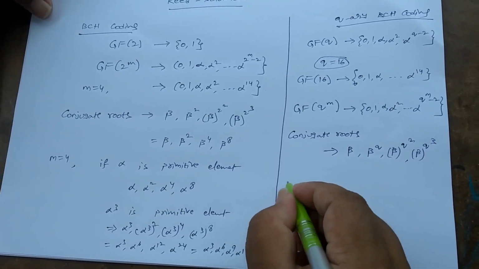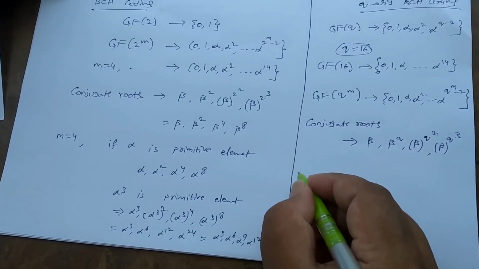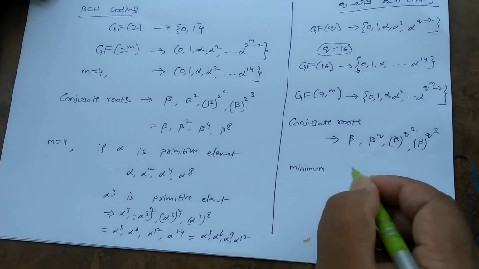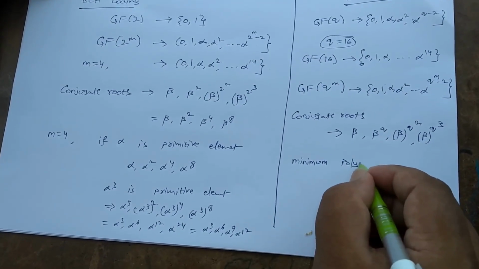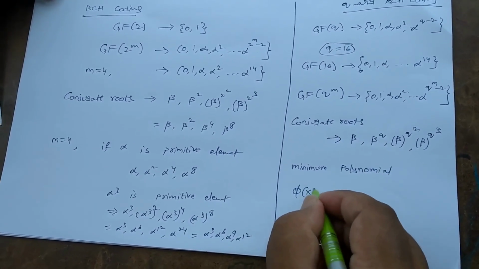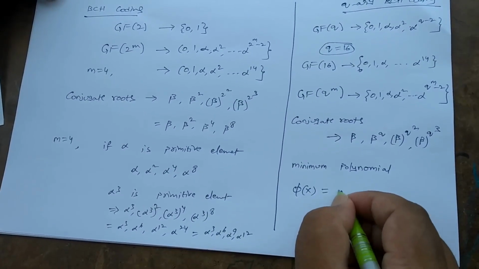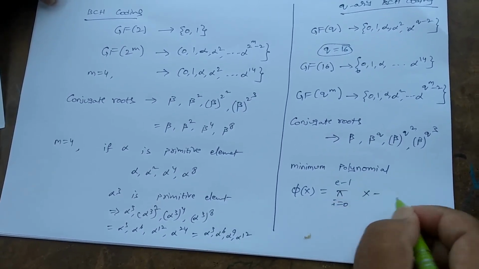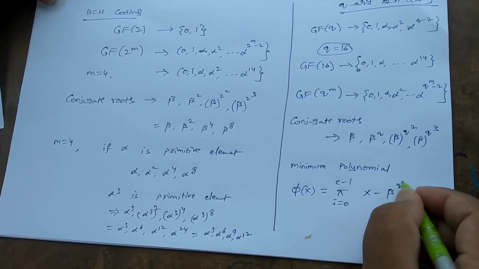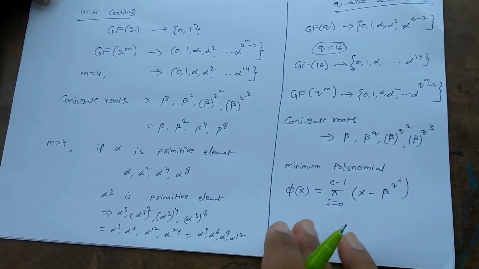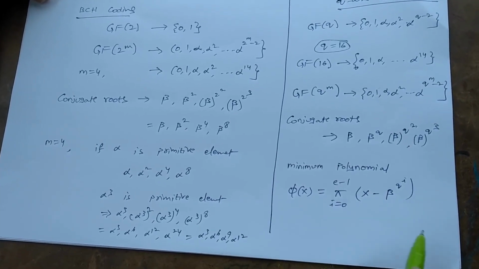In the Q-ary BCH coding, the minimum polynomial can be calculated as phi of x equals the product over i equal to 0 to e minus 1 of x minus beta power q power i. With an example we'll get more clarity on this.